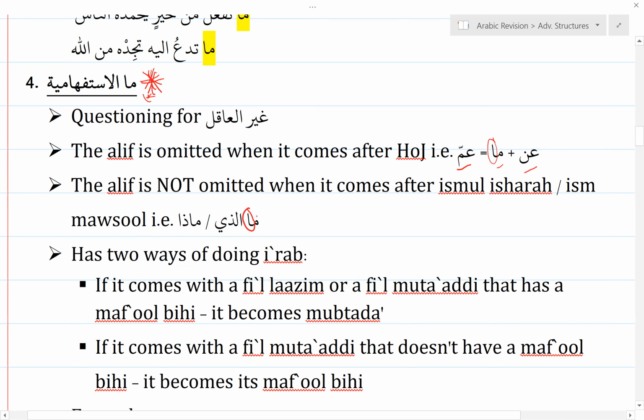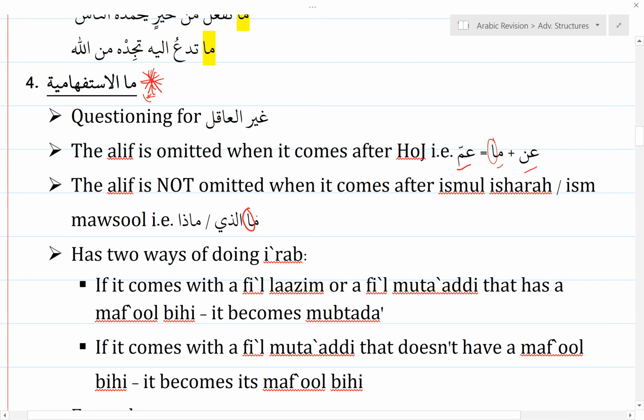Yes, maybe I should just write that: whose maf'ul bihi is not mentioned, to make it clear. So it is muta'addi. It's supposed to have a maf'ul bihi, but it is not mentioned. If it's not mentioned, then the ma becomes its maf'ul bihi, because it has to be complete.